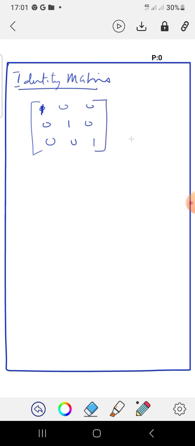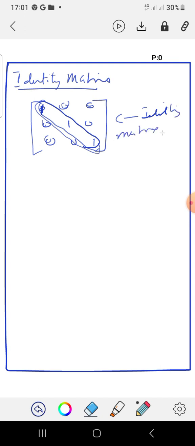You can see that only the diagonal elements of this matrix are non-zero. Every other thing is zero. So this is an identity matrix.